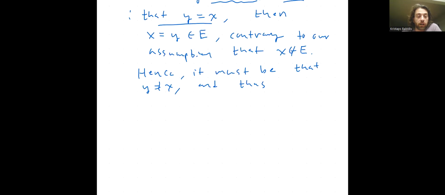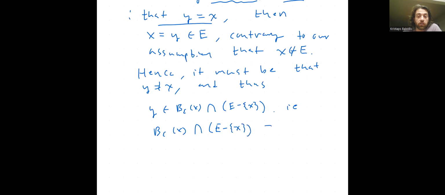So y is in the epsilon ball around x intersect E without x, right? In other words, the epsilon ball around x intersect E minus the set just containing x is non-empty.